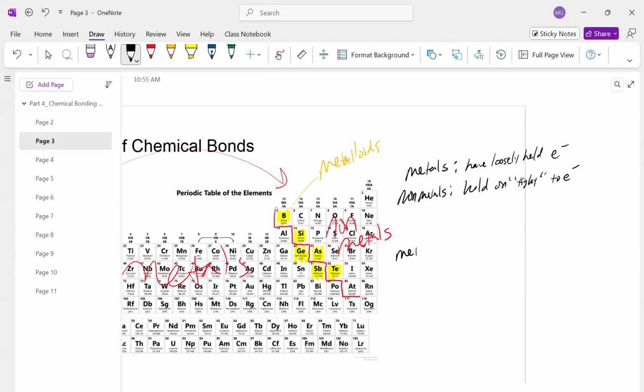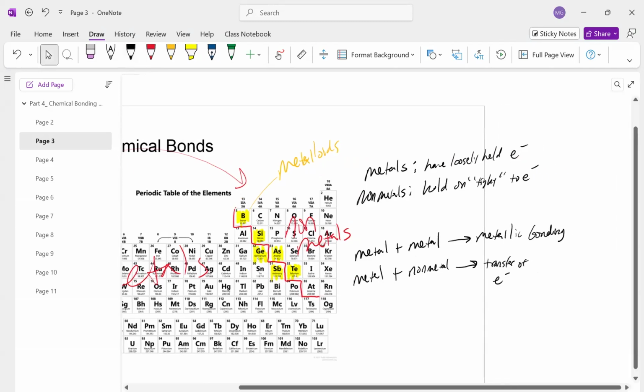If you have two metal atoms bonded together, that forms something called metallic bonding. If a metal bonds with a non-metal, there's actually a transfer of electrons.